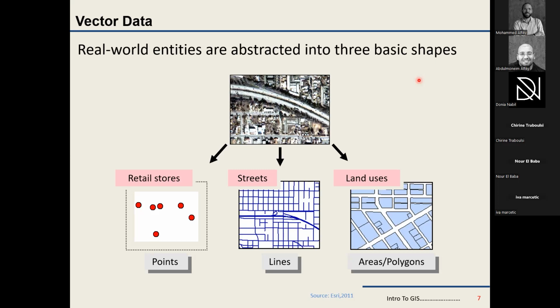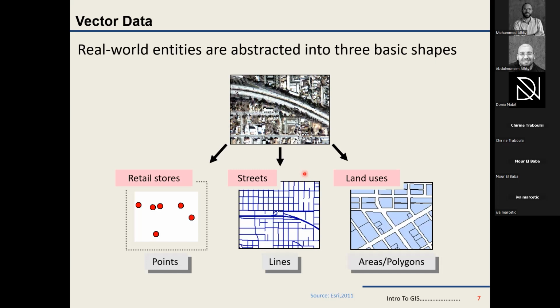So, for example, in this example here, we have this photo. This is an area. We have a street here. We have some land parcels. There are some trees and some other features here.